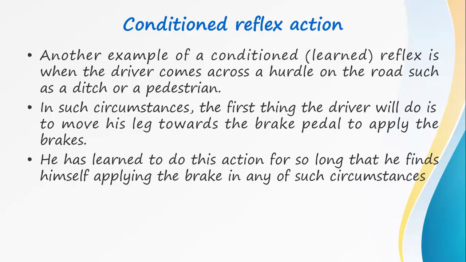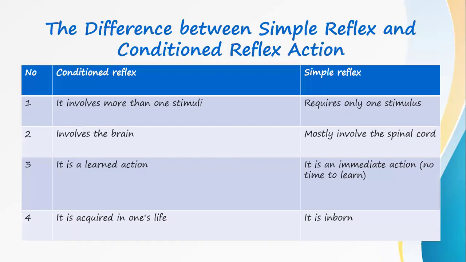Now let's see the difference between the simple reflex action and the conditioned reflex action. The conditioned reflex action involves more than one stimulus, as we've seen in the example of the ringing of the bell, which provided a secondary stimulus just to stimulate the salivation when the dogs see the food.